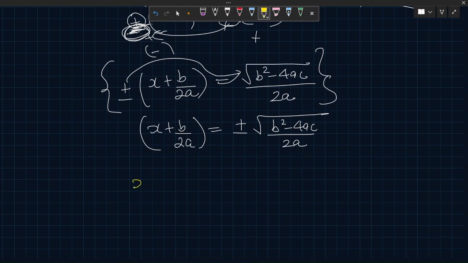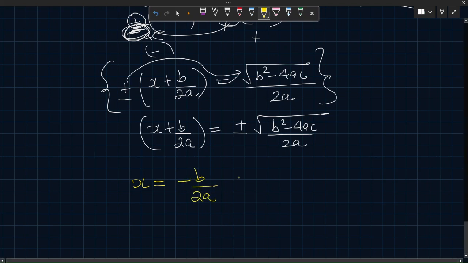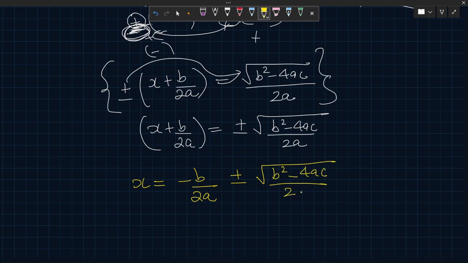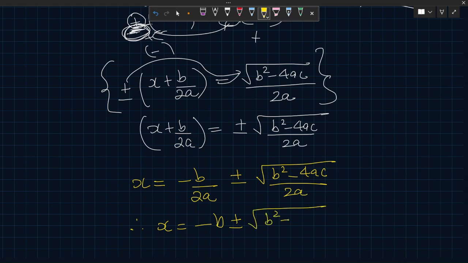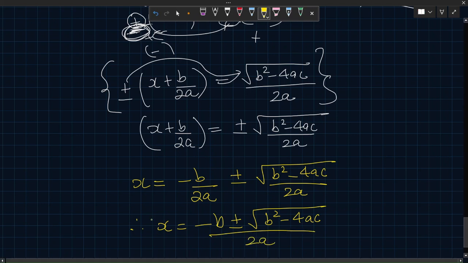Let me bring this on this side, which means x equals minus b by 2a plus or minus square root b square minus 4ac by 2a. Therefore, x is just minus b plus or minus square root b square minus 4ac divided by 2a. We have derived what is called the quadratic formula.